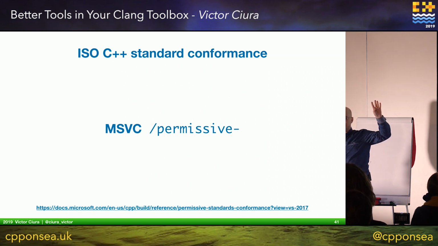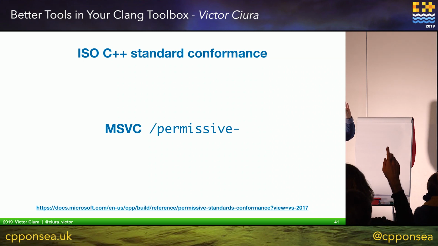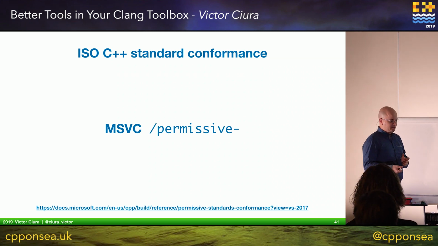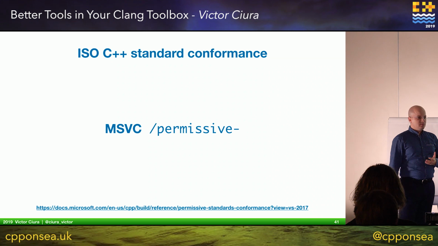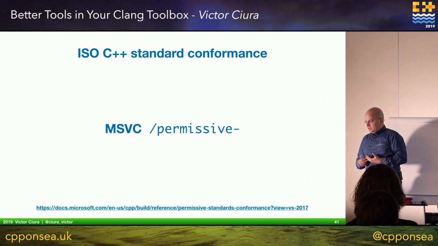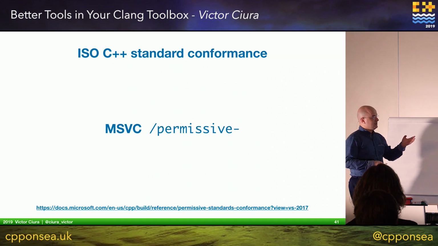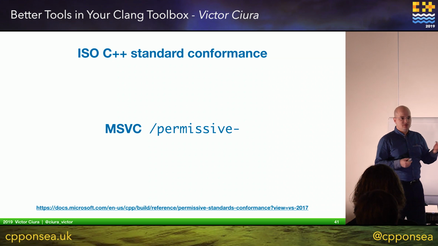Who here has heard about MSVC permissive minus? A few people. Okay, so for the other people in the room and the ones watching, permissive minus is basically turning on a different compiler in MSVC. MSVC actually ships two compilers.